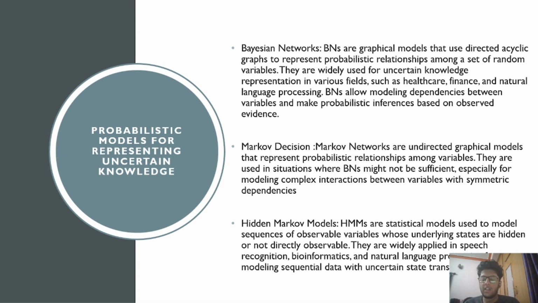So these are statistical models which are trained on sequences of observable variables whose underlying states are hidden, and they are widely applied in speech recognition, bioinformatics, and natural language processing for modeling sequential data with uncertain state transitions. So HMMs are an application in many AI fields and deployments such as text to speech or text recognition, etc.